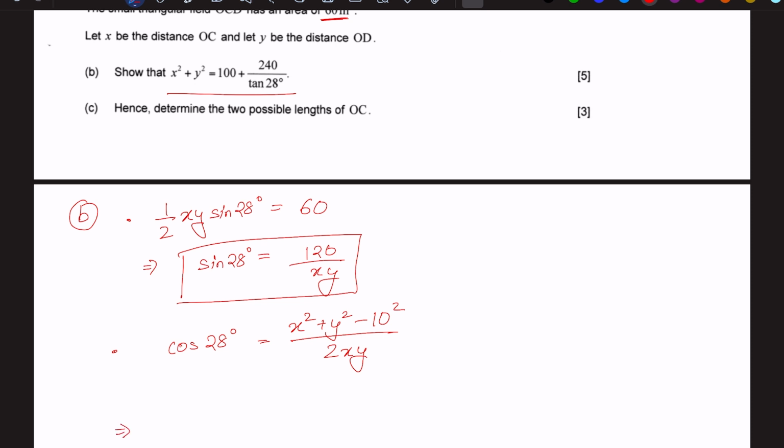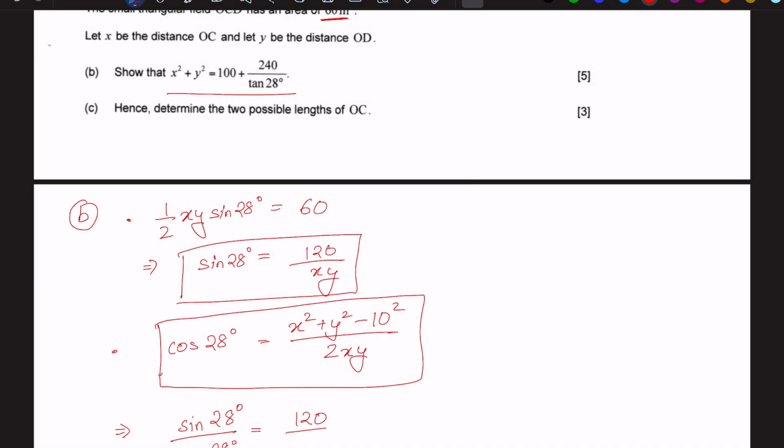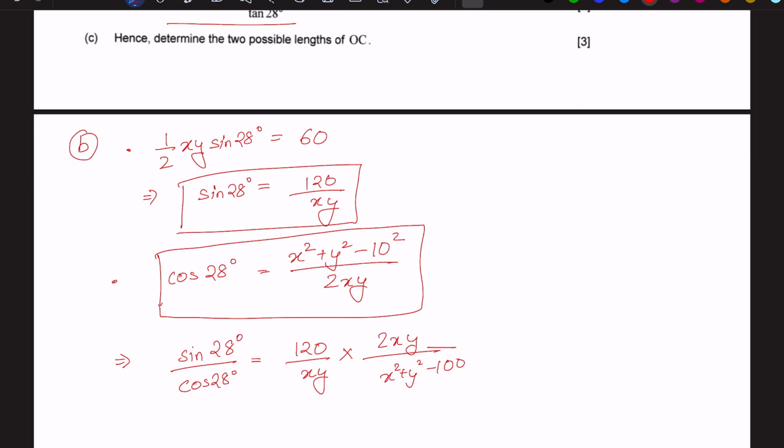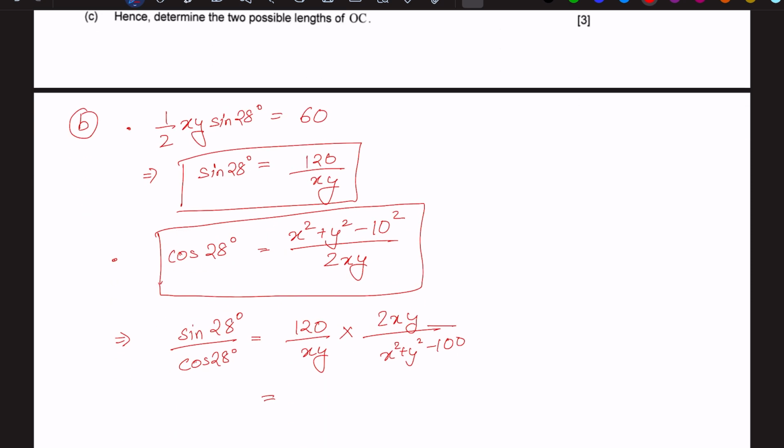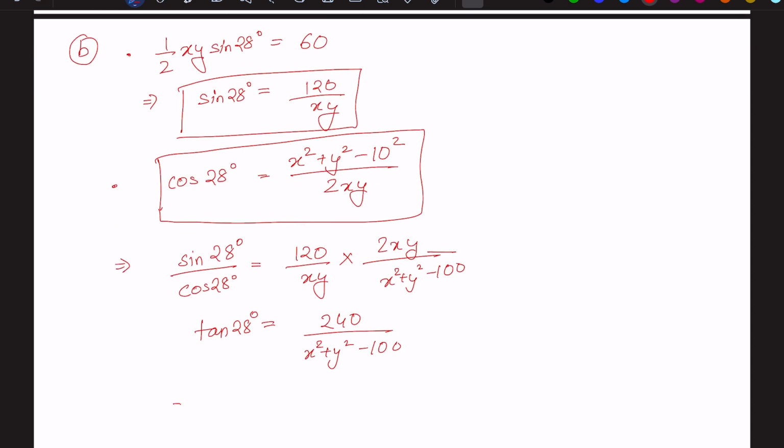Now if I divide sin 28 by this cos 28, basically dividing equation 1 by equation 2, so 120 by xy, and dividing by cos 28 means I can reverse and multiply the fraction: twice xy divided by x squared plus y squared minus 100. Now if I simplify this, I'll get 240 divided by x squared plus y squared minus 100, and sine and cosine together I can say it's tan 28 degrees.